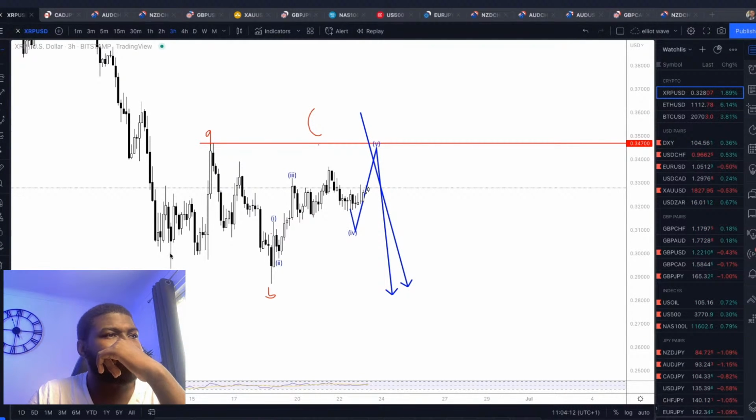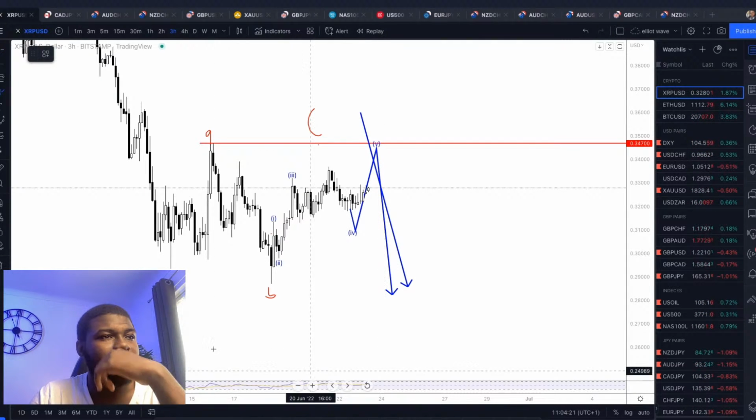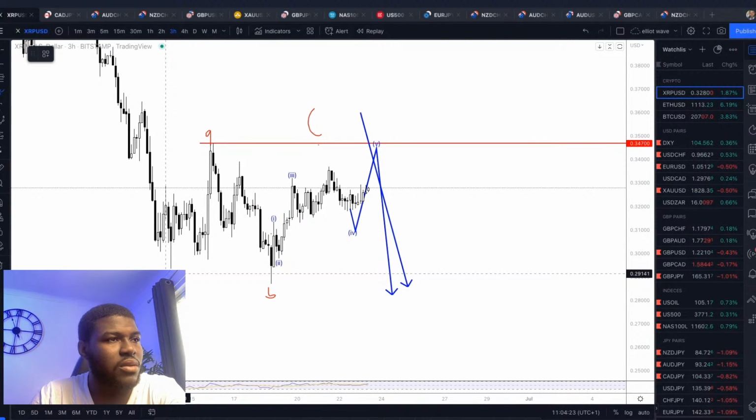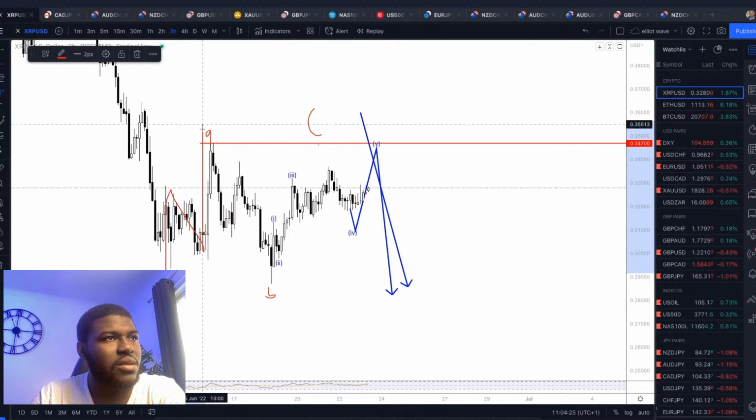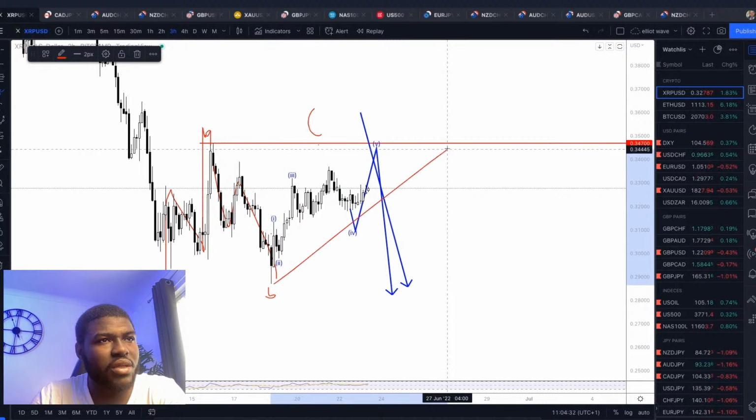The whole of this is our zigzag correction to the upside. Let me illustrate it this way. Using this brush tool, I can see this is an A, B, C. Then I have this zigzag to the downside. Then I have this to be my impulse. That's the analysis.